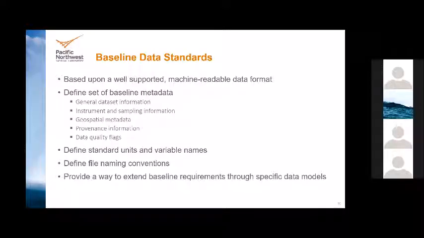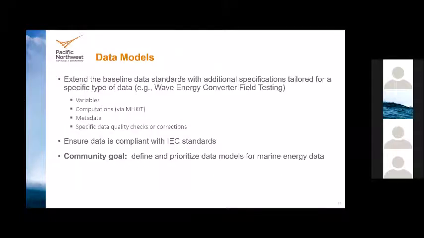And we'll go over again how we extend that with these data models. The data models will be additional, much more specific specifications for a specific type of data. We want to make sure that we're using all the right standards with these. We'd like to make it really easy to look up the standards per data model, and get the combined list of everything they need to do.